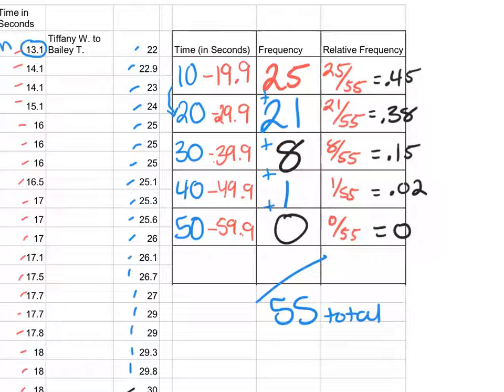Okay, so that's all the same as what we did last week with our qualitative data. You still just take the frequency for each of your intervals divided by the total.